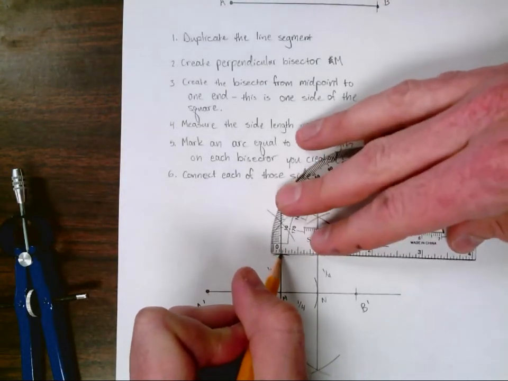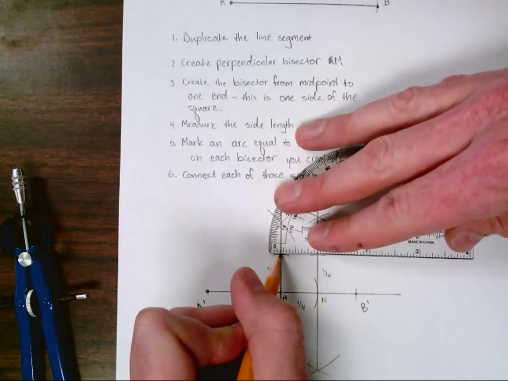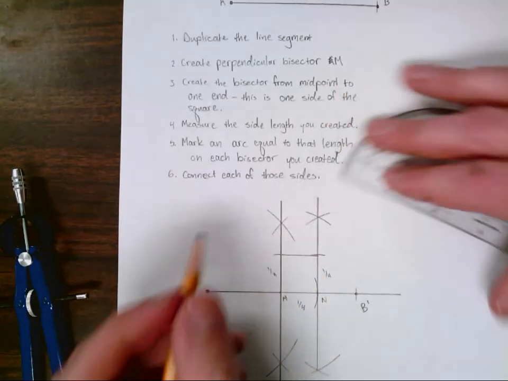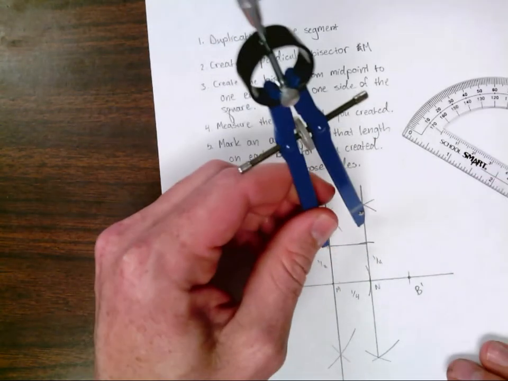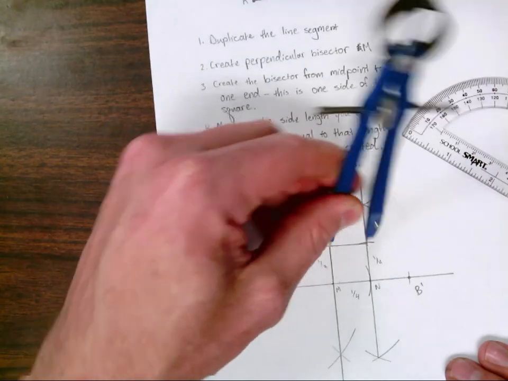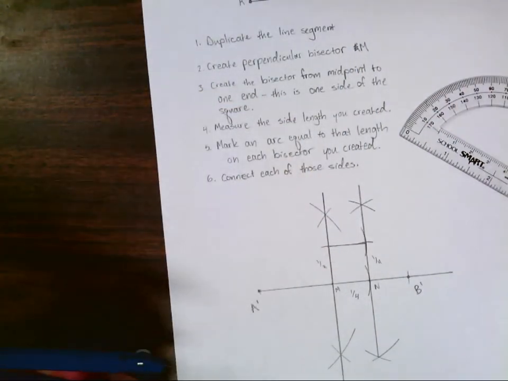Finally, I can connect these two intersection points right here and here to form the square. To test, I can see if this is still the same length between here and here. That's all.